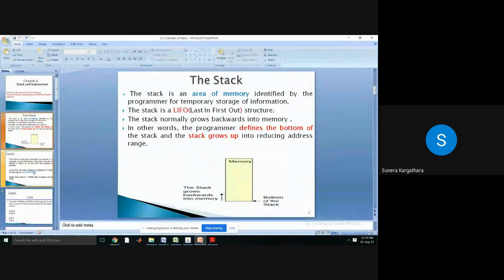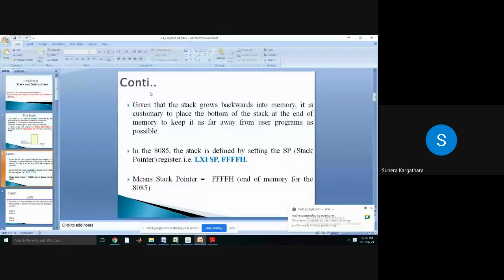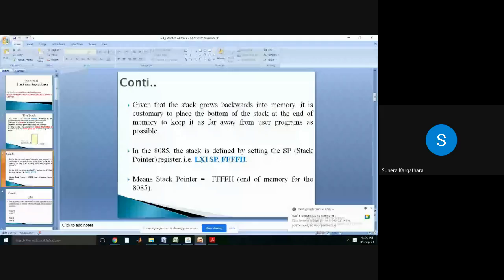Any doubt up to here? Now, as I had mentioned, any area in RAM can be considered as a stack. So you need to load your stack pointer. Now, how to load your stack pointer? We know LXI is used to load 16-bit immediate data into the register pair.